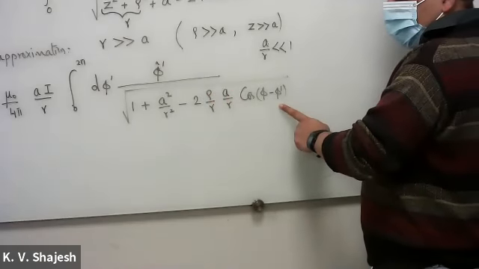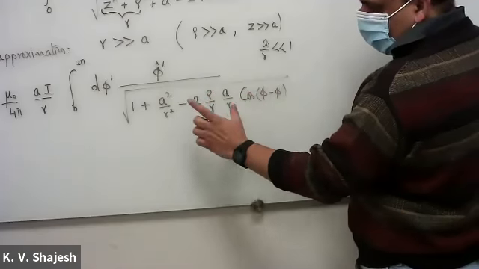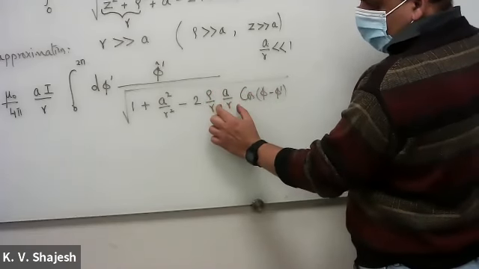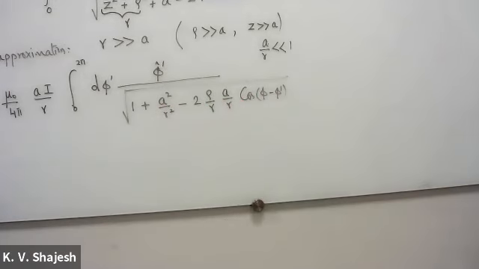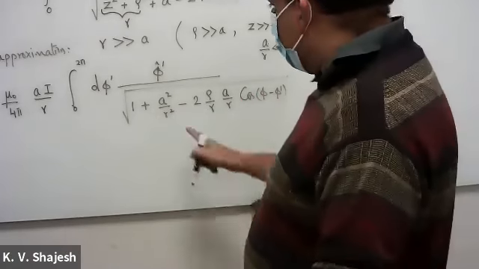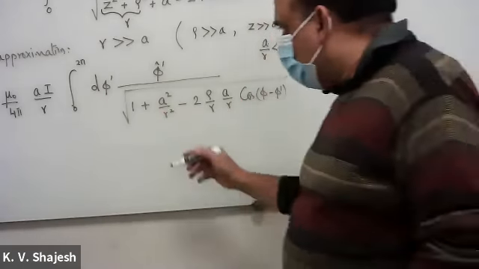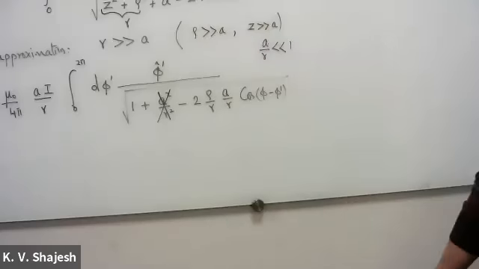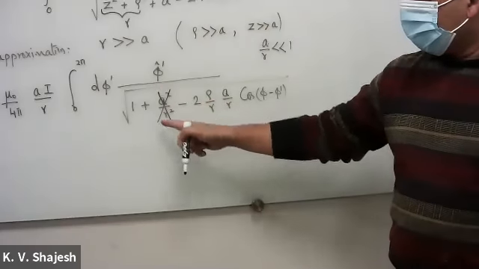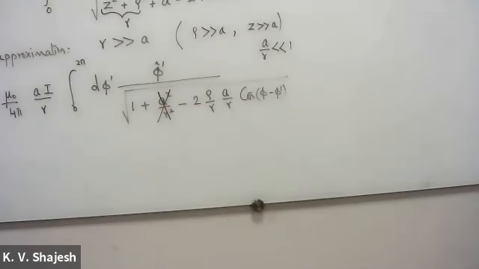Cosine is always less than 1. So whatever the coefficient, it doesn't matter. It is a over r that decides. If a over r is small, this will be significantly smaller than that, or at least I can always find regions where it will be significantly small. So I can drop this. In the far field approximation, if I'm far enough, I can always find regions where this is significantly smaller. How does that help me?